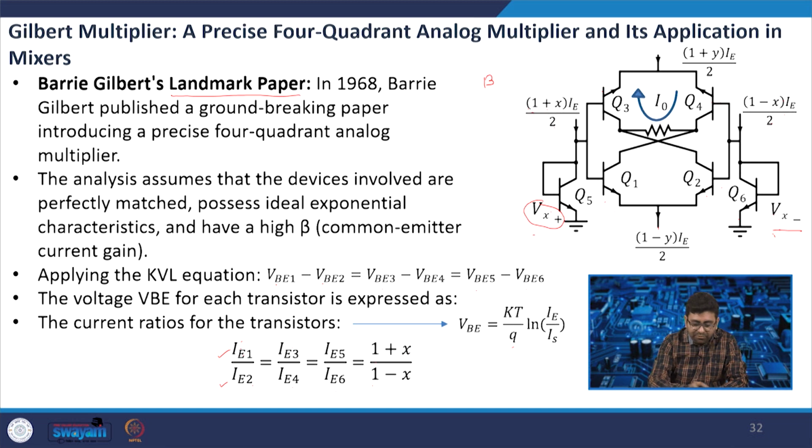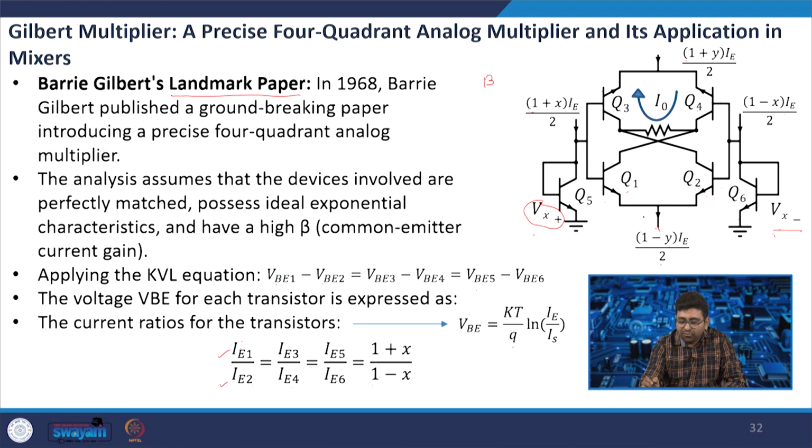Now, looking at the tail, the current flowing through Q1 and Q2 is given by 1 minus y into Ie by 2, and the current flowing in Q3 and Q4 is given by 1 plus y into Ie by 2.